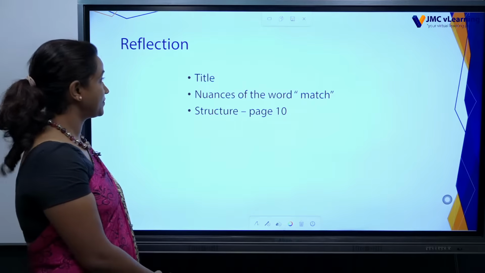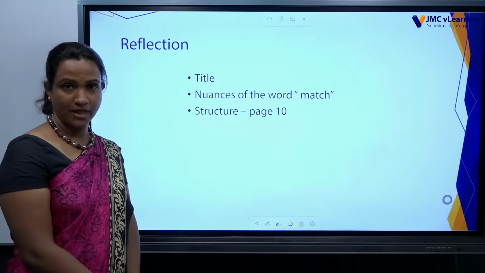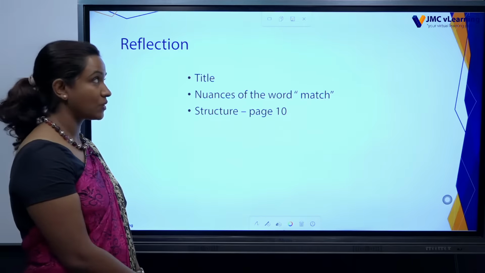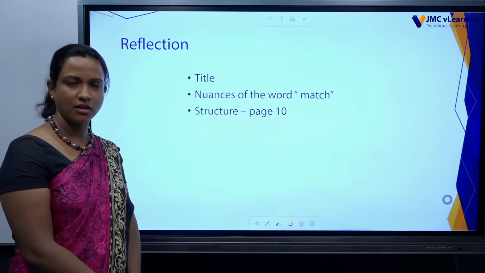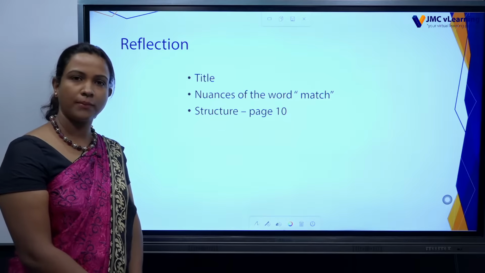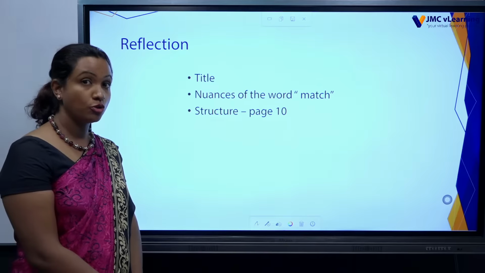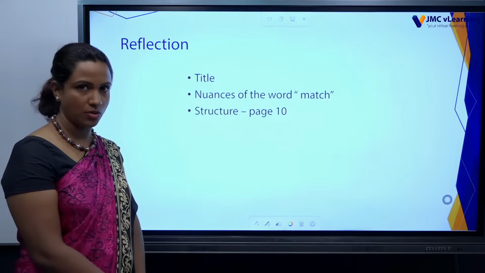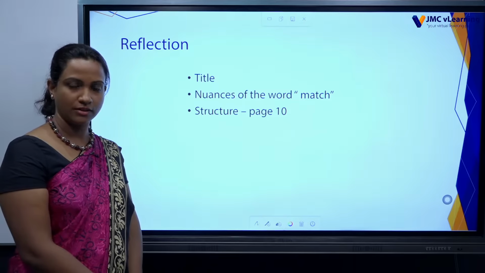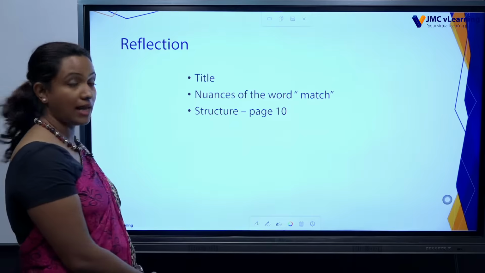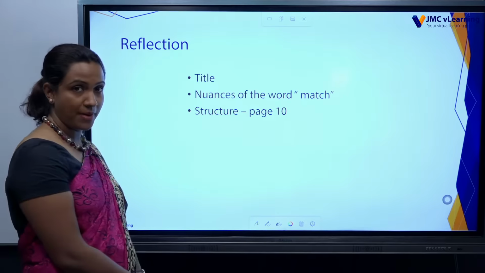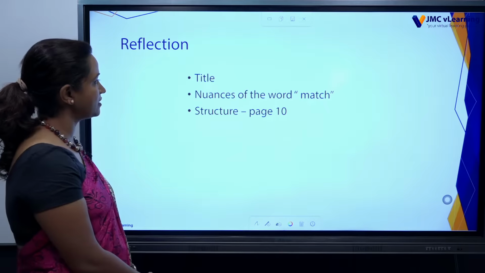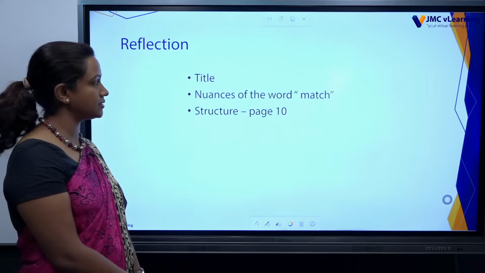The reflection. The title says it. As I told you earlier, what is a big match? The big match is a cricket match or a game between two groups. I hope you have seen a big match or heard about it, or maybe you have seen it on television. That is what we call a big match. And in this, the poetess has played on a double meaning.